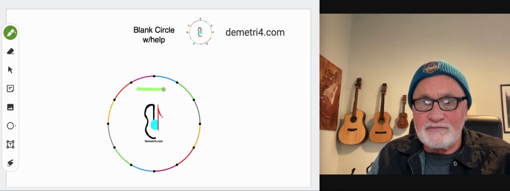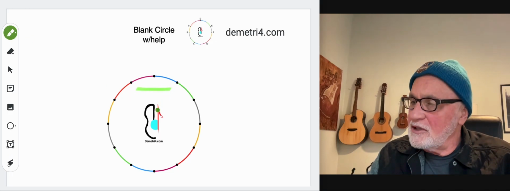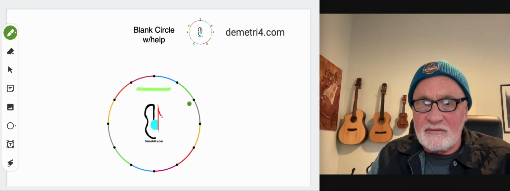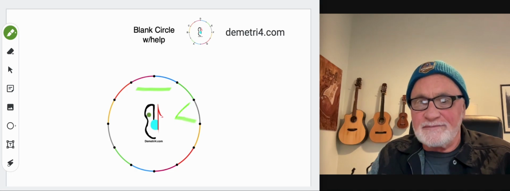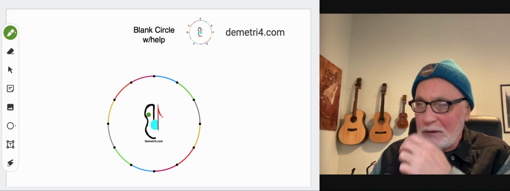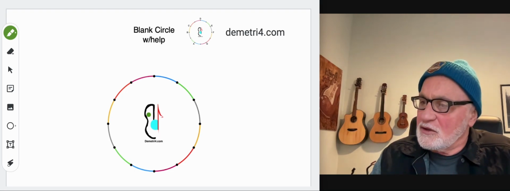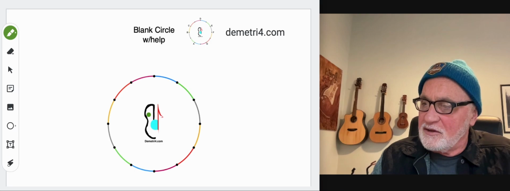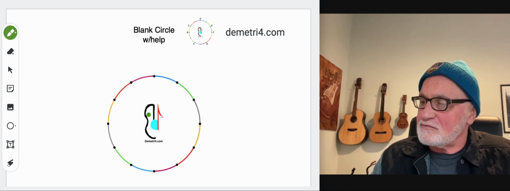Whole step, 2 dots. Half step, 1 dot. Always move clockwise on the circle to measure an interval from the lower note to the higher. When measuring an interval, we are asking how many dots. All the dots on the circle are half steps.